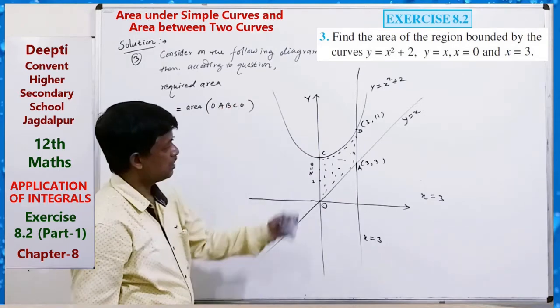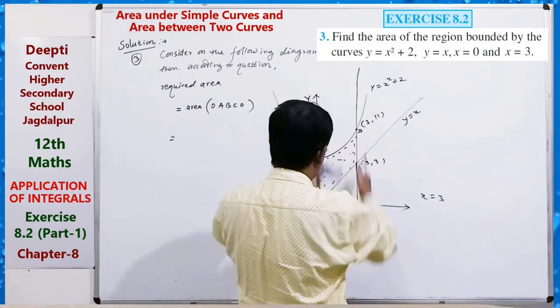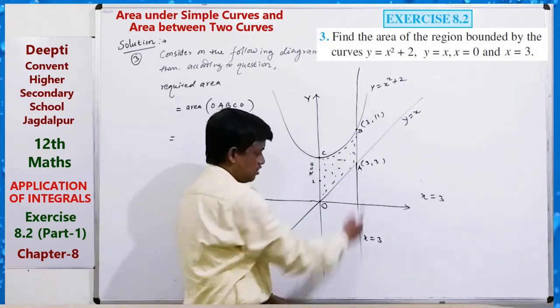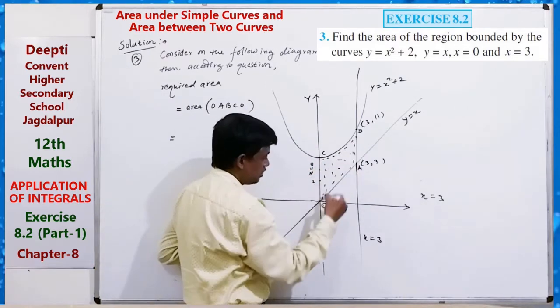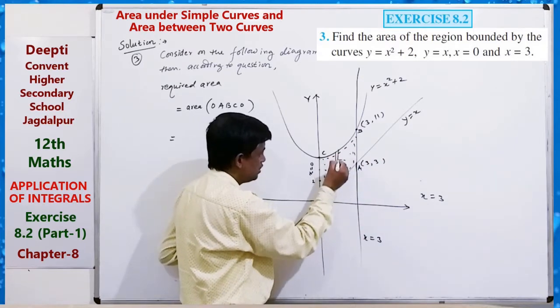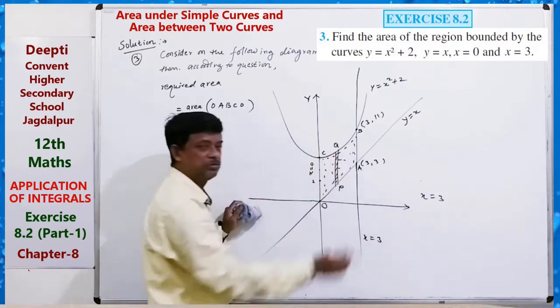This area is enclosed vertically between two lines, x equals 0 and x equals 3. In between there is a single curve on the upper side and a single curve on the lower side. So we can take a vertical strip PQ.